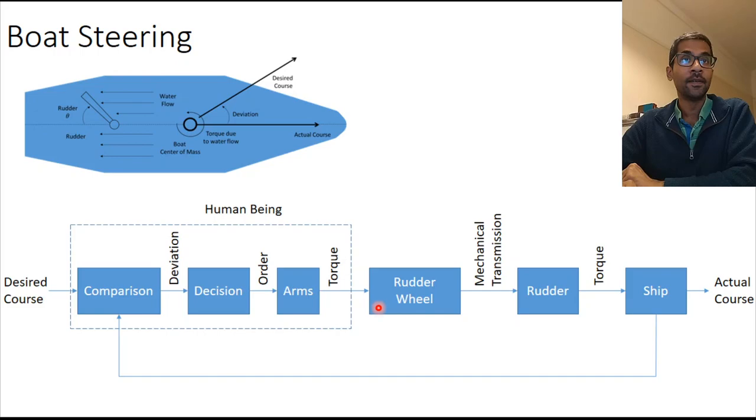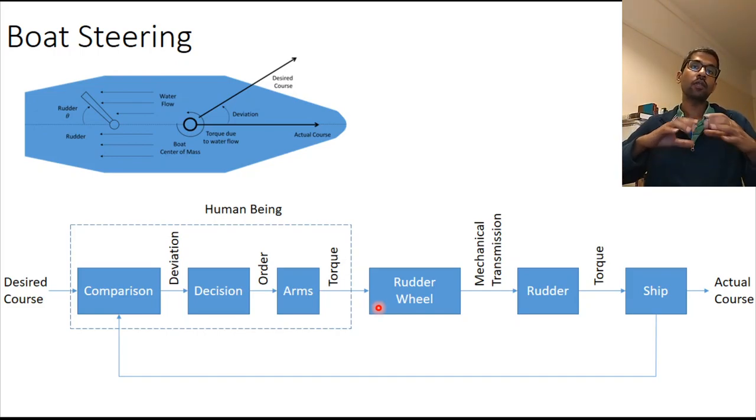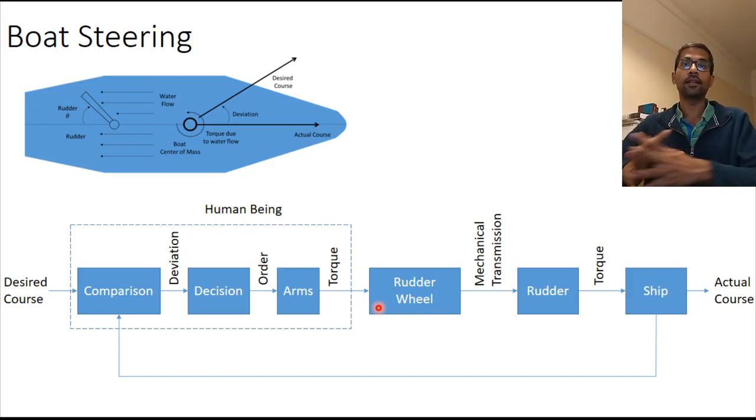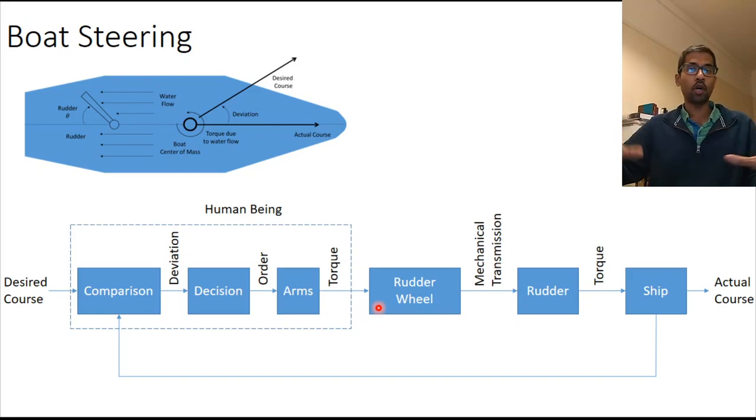Okay, so let's just try to formalize the boat control system, and I've drawn a block diagram to explain that. But before we do that, just think about why you need a person with a rudder standing there and turning the ship. Why couldn't you just tell the ship to go in a particular direction and it keeps going?